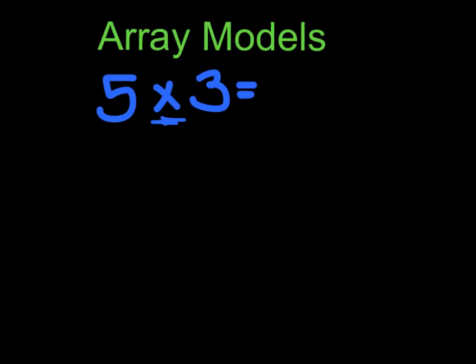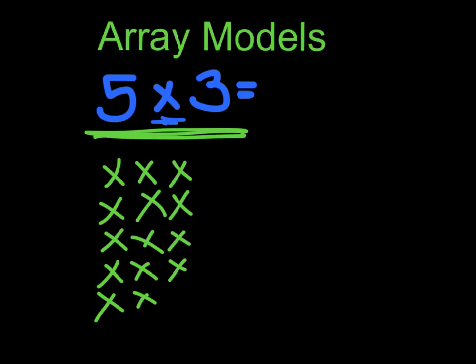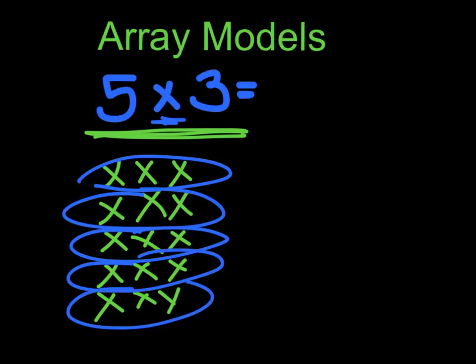So I'm still going to read this 5 groups of 3, but I'm going to create a pattern or a square that will show 5 groups of 3. So I'm going to do 5 going down, 1, 2, 3, 4, 5, and I'm going to put 3 in each group. And you can see that when I get done, I have 1, 2, 3, 4, 5 groups of 3.